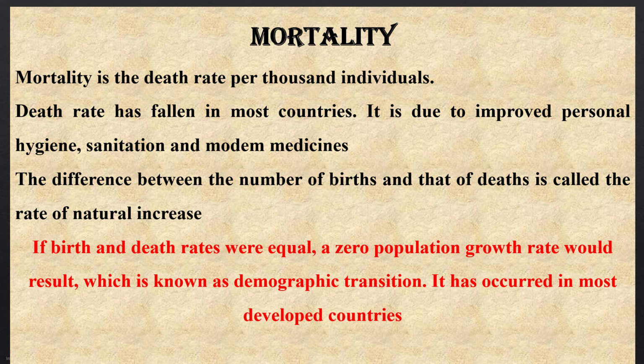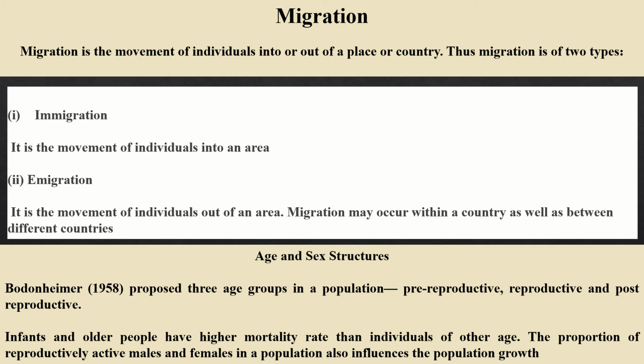It is not at all like blooming. The death rate and the birth rate are more or less equal, which results in zero population growth. Now, apart from death rate and birth rate, there are certain points which influence the population growth.